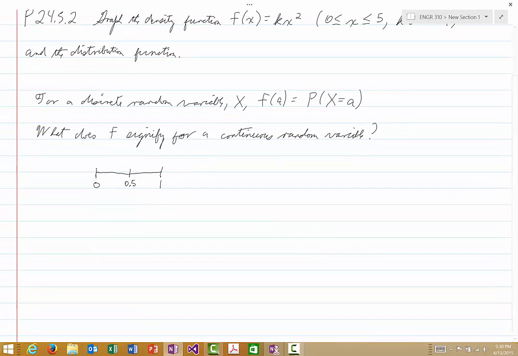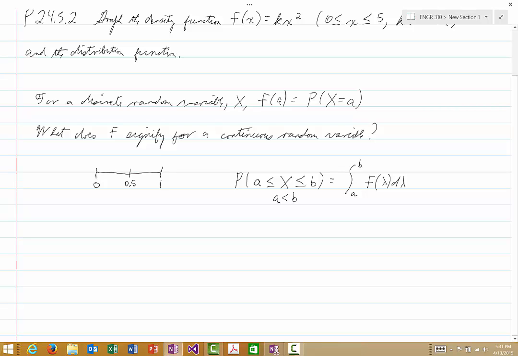And so for a continuous random variable, what we have is the following. The probability that the random variable will have a value in a range between A and B, where we're understanding here that A is less than B, is equal to the integral from A to B of f of lambda d lambda.